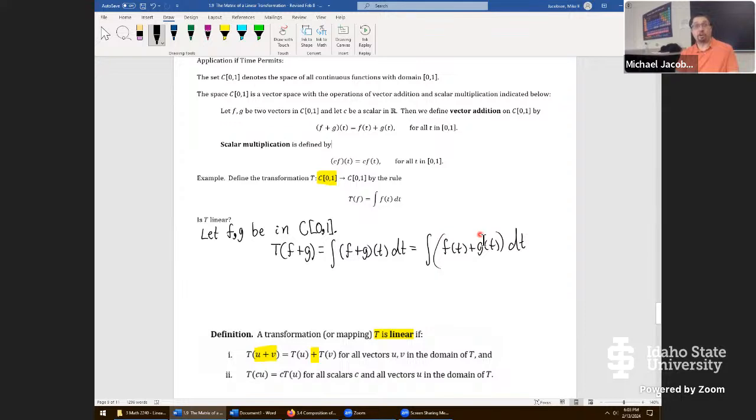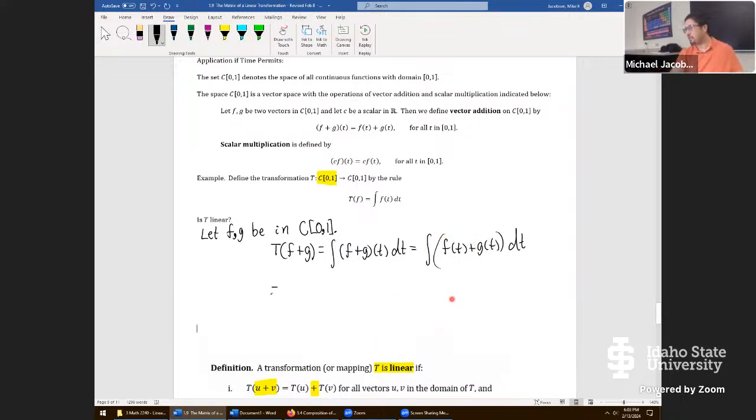But at this stage, we can now borrow on our knowledge about calculus. We know from calculus that the integral of the sum of the functions is the sum of the integral of those functions every single time, as long as they're integrable. So this then turns into integrate f of t with respect to t plus integrate g of t with respect to t. Now, the moment we look at these, we're pretty much just reverse engineering from here to here.